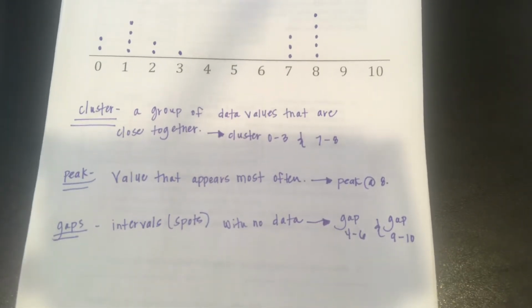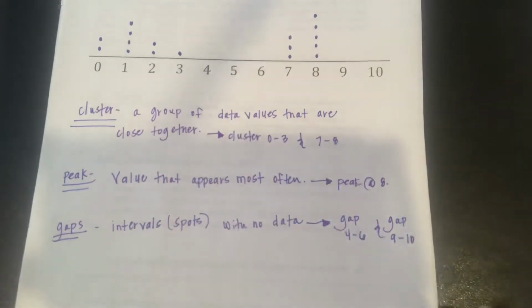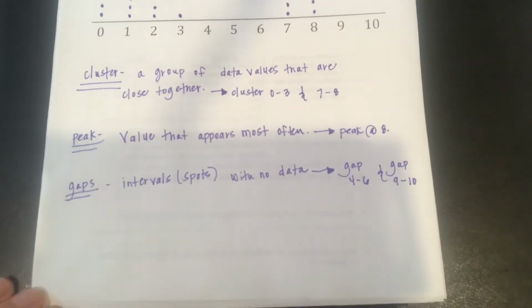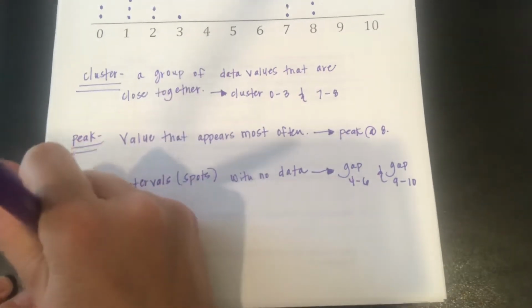And clusters, peaks, gaps, and outliers. The last math vocabulary word that we're going to talk about is outlier.